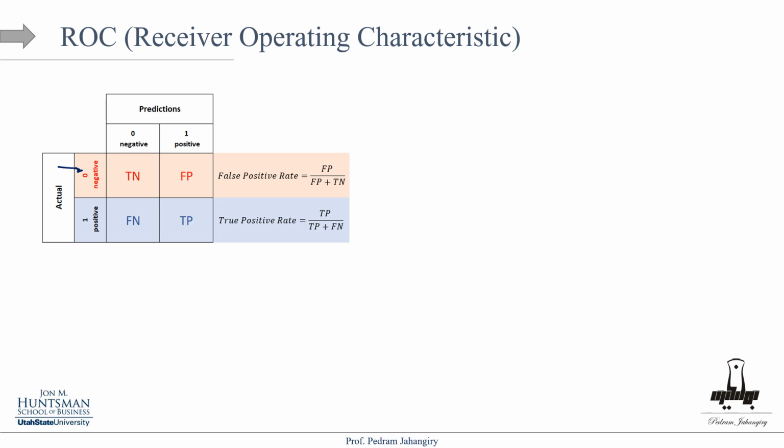So it's called false positive rate: false positive divided by those that were actually 0. And true positive rate is, among those that were actually positive, what percentage of them was correctly predicted by the model.